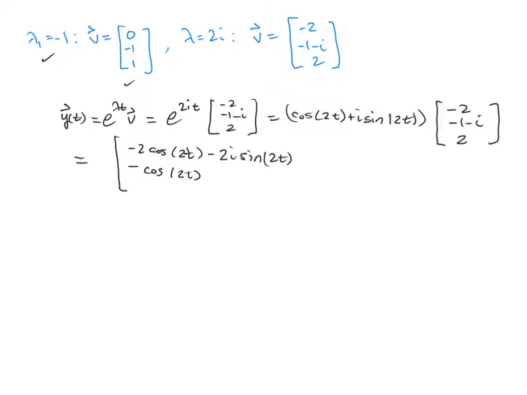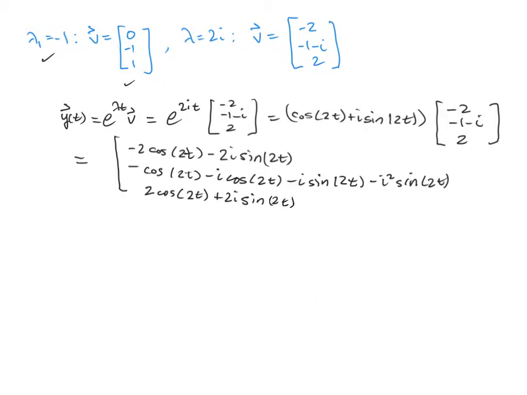And then we're going to have a minus i cosine of 2t. And then a minus i sine of 2t. And then a minus i squared sine of 2t. And then for the bottom entry, that's just 2 cosine 2t plus 2i sine of 2t.